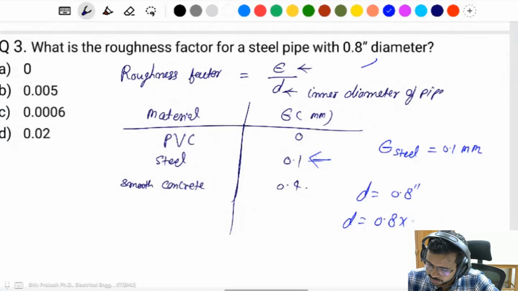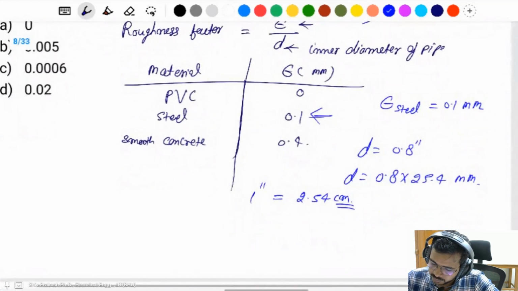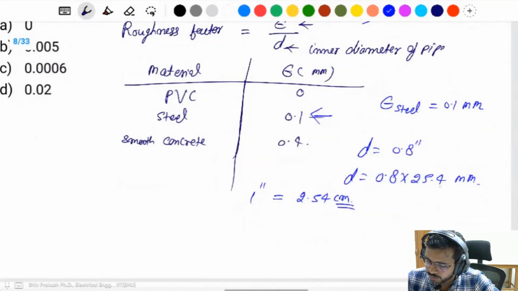In mm, 1 inch is 25.4. What is the diameter?